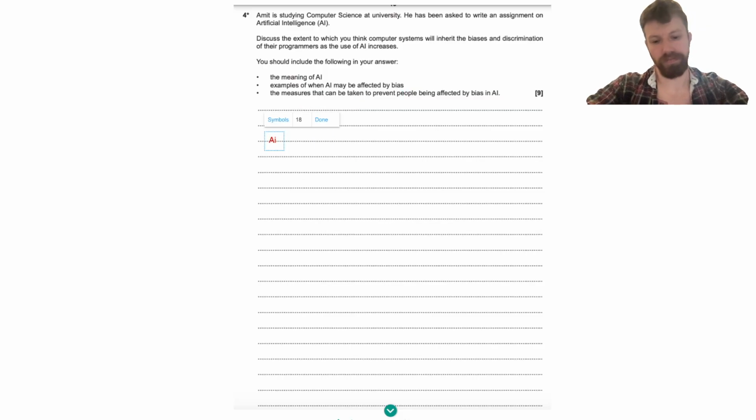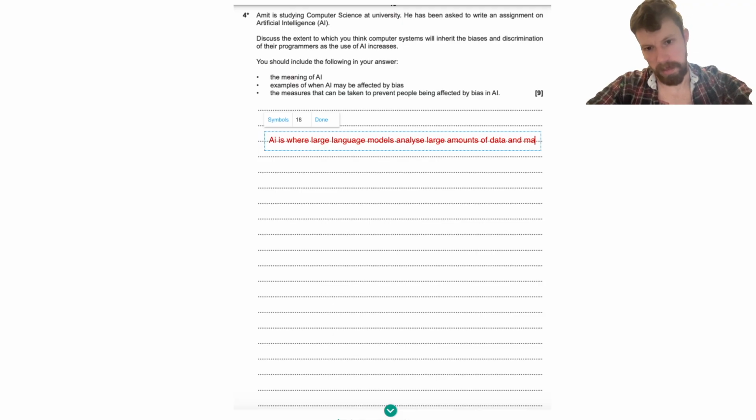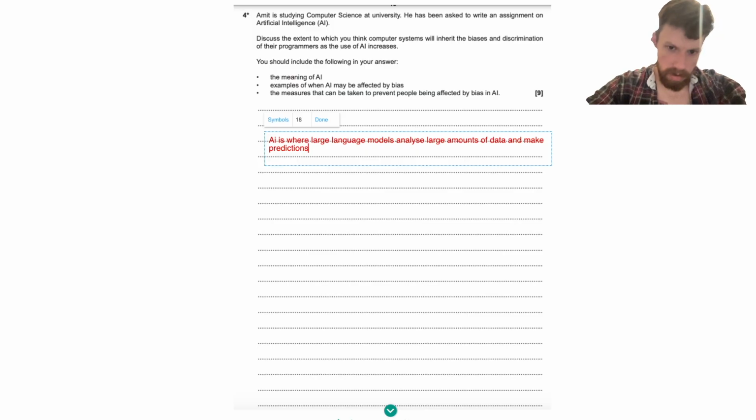Okay, so AI is where large language models analyze large amounts of data and make predictions on what will be the best answer in a given scenario.